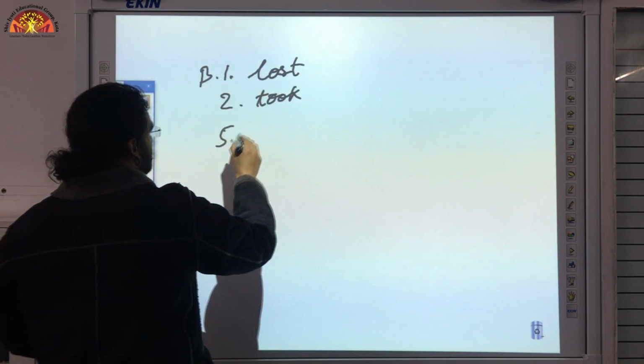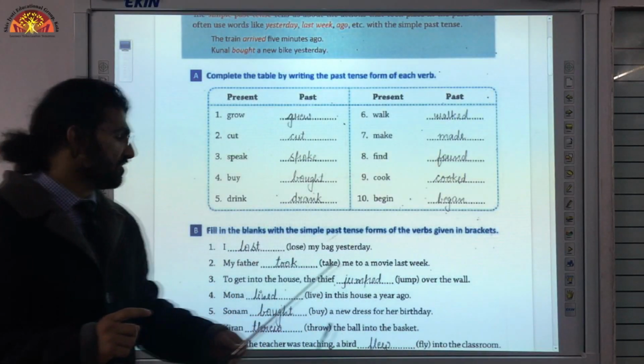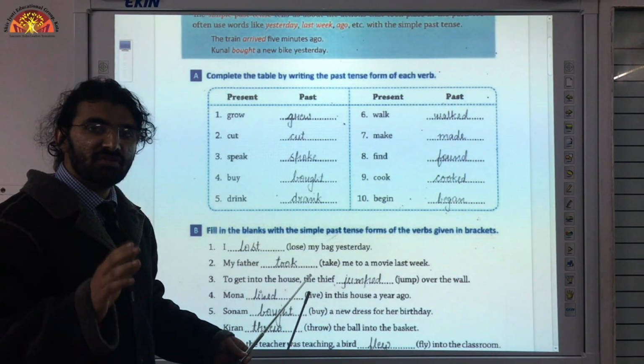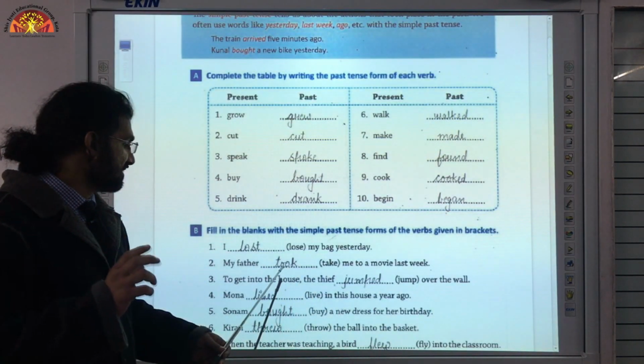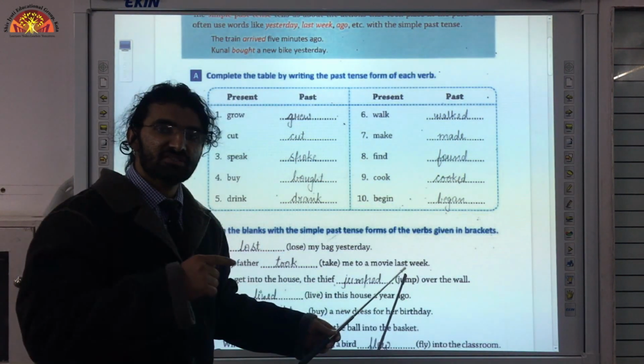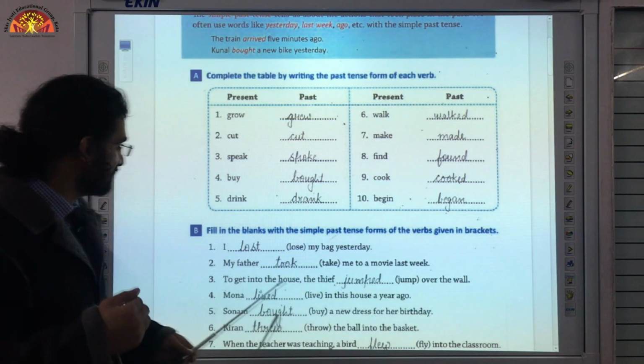So we will write took here. If we use takes here, my father takes me, that will be wrong, because we are supposed to write the past tense form of the verb here. As clearly mentioned, last week, this action has taken place in the past.